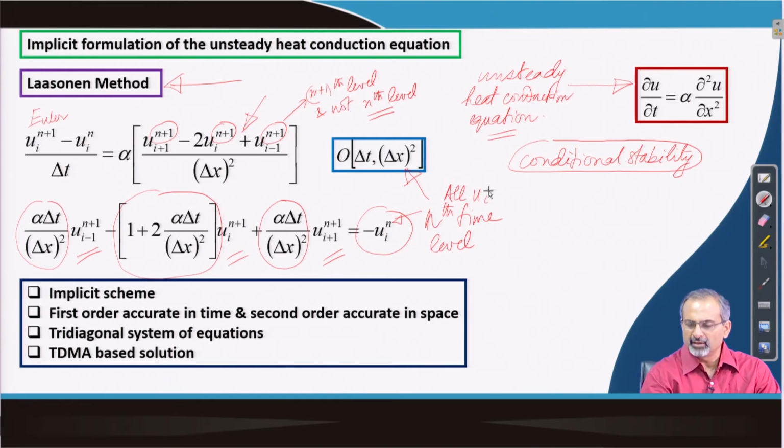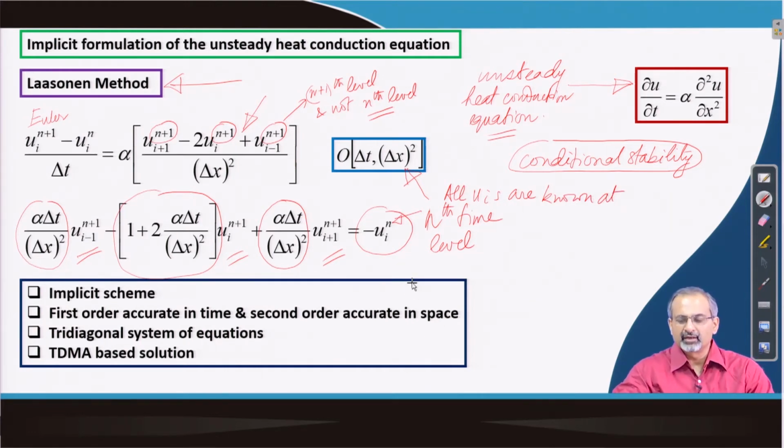We know all u_i are known at the nth time level, and therefore what you have on the right hand side is a known value, and what you have on the left hand side are 3 unknowns.